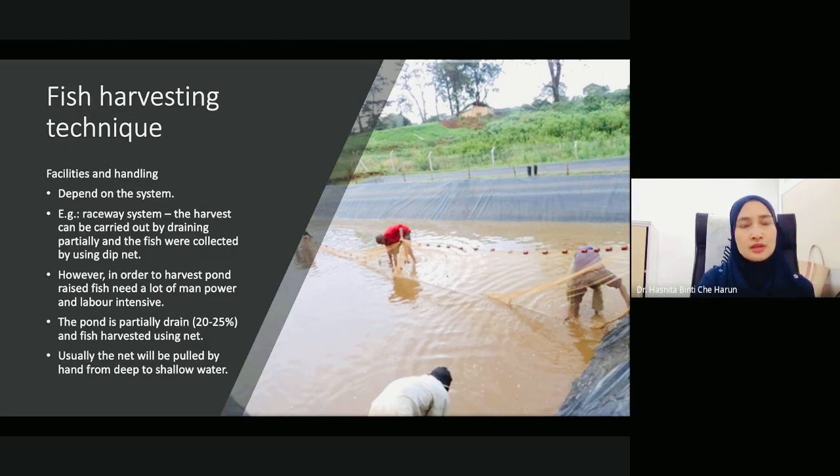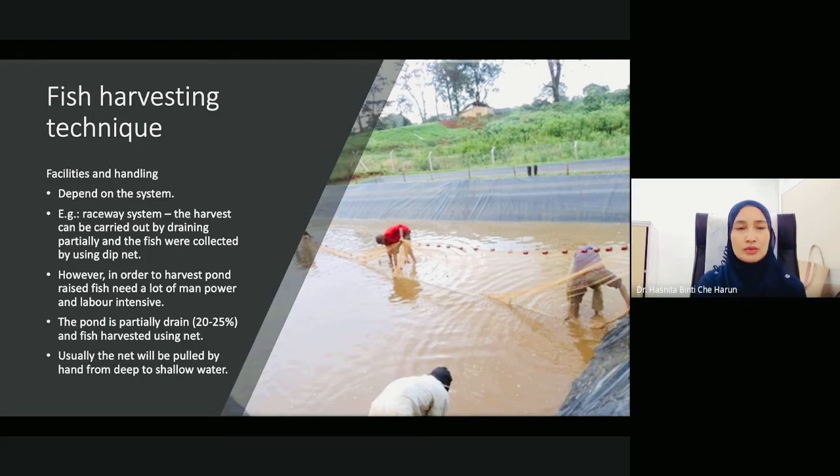For the fish harvesting technique, facilities and handling will be largely dependent on the system. For instance, if you have a raceway system, the harvesting can be carried out by draining partially, and the fish can be collected using nets.